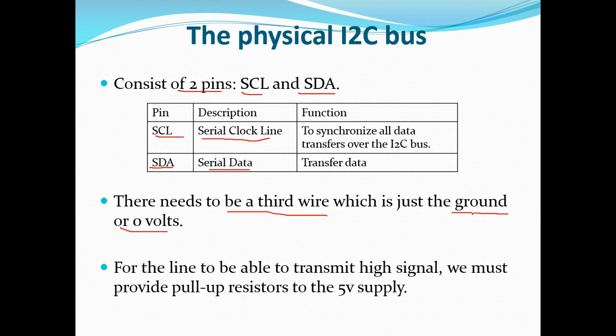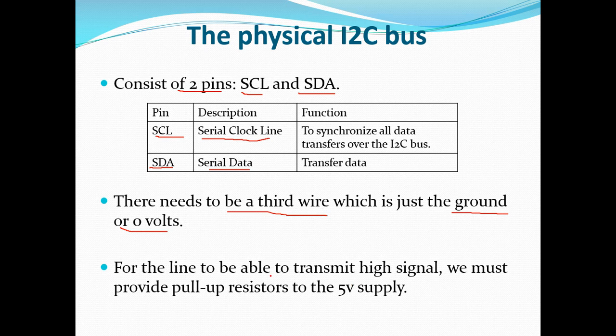Without the same voltage supply, your Arduino cannot measure the analog input from the sensor, because it is not sharing the same ground. Similar if you do the simulation. So this is the requirement of the third wire, which is ground. You must share the same ground or 0 volt.